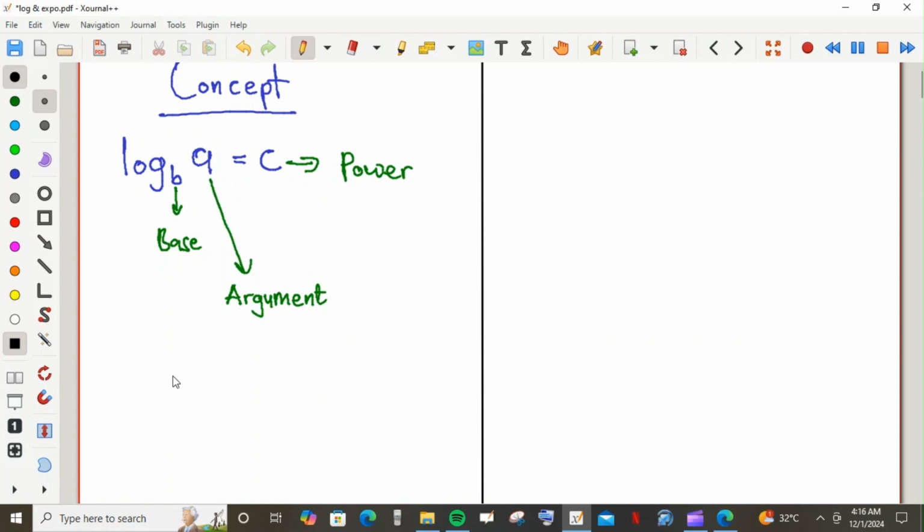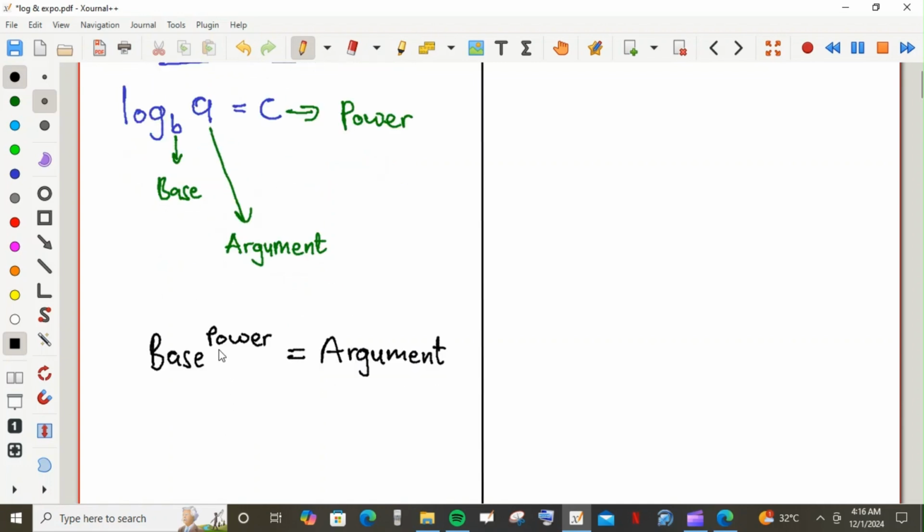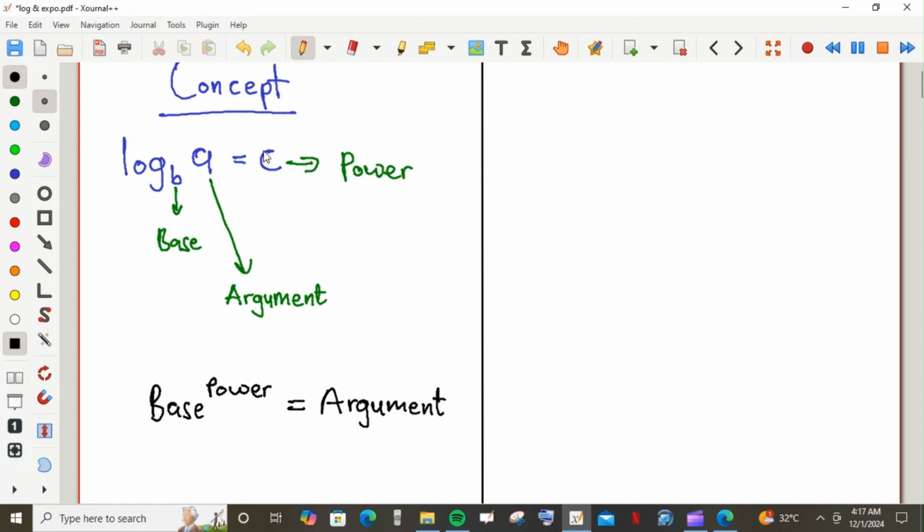Now we learn from indices that the base carries the power, right? And this will give you your value. The value here is the argument, or the expression that the logarithm acts on. So now this one could be written as base carrying the power, and is equal to the argument.